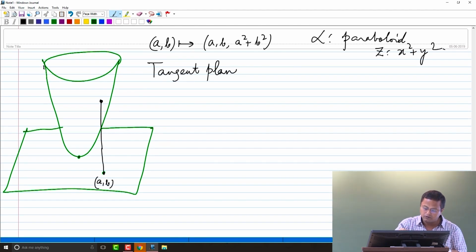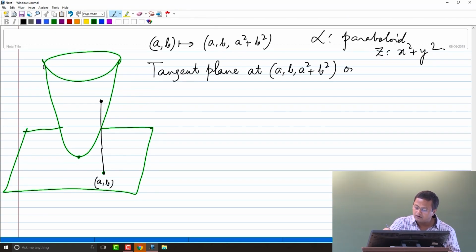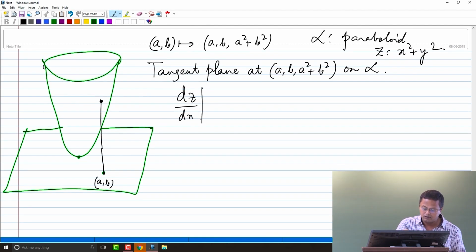So, tangent plane at this point. How do you obtain it? You obtain it by differentiating.